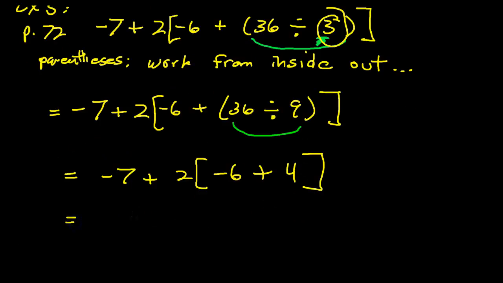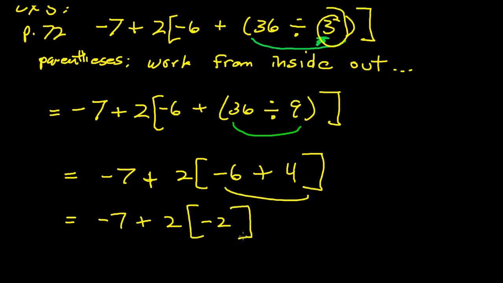So many students try to jump the gun on this operation here, so please don't let that happen to you, especially on test day. All right, leaving this operation pending. Minus 6 plus 4 is going to be negative 2.